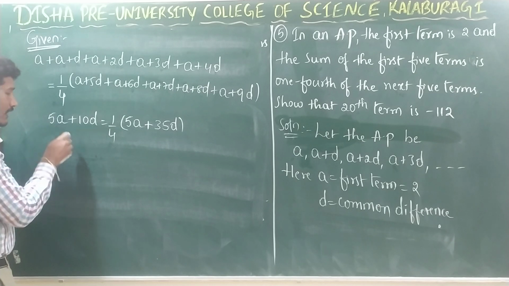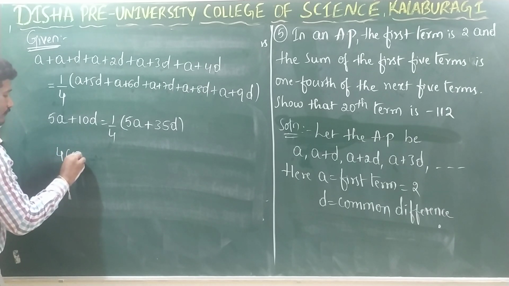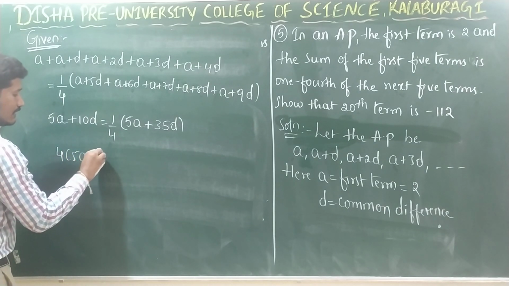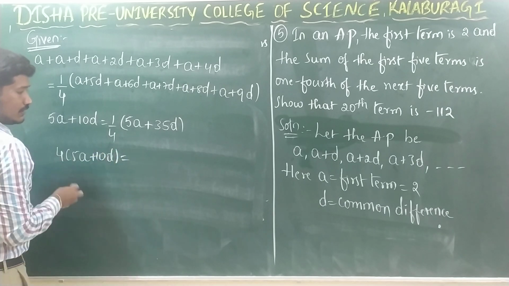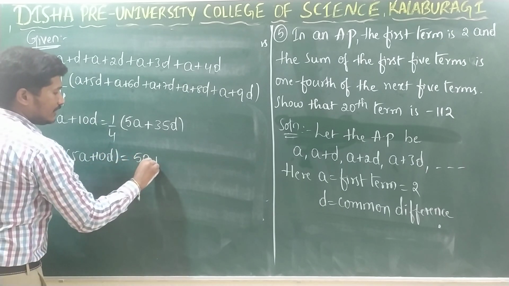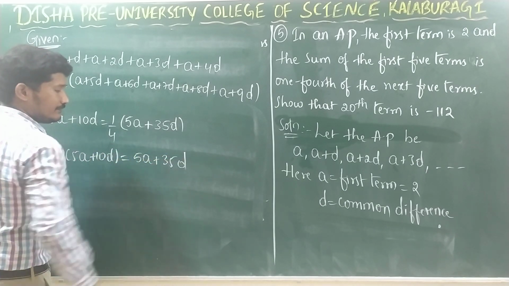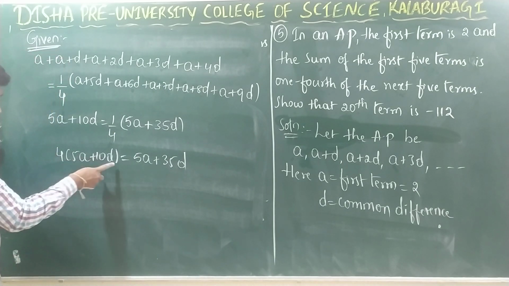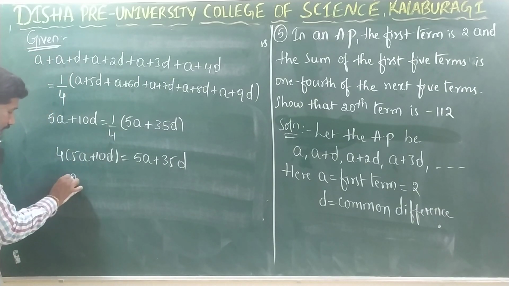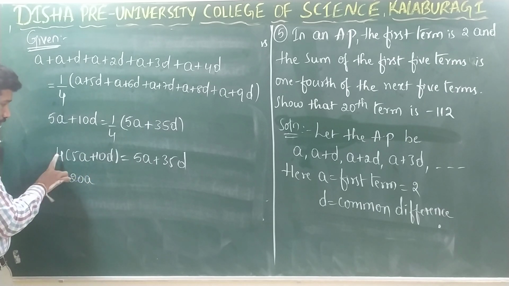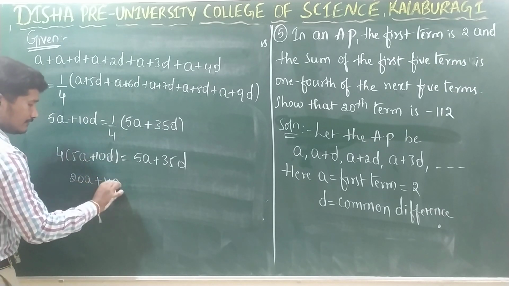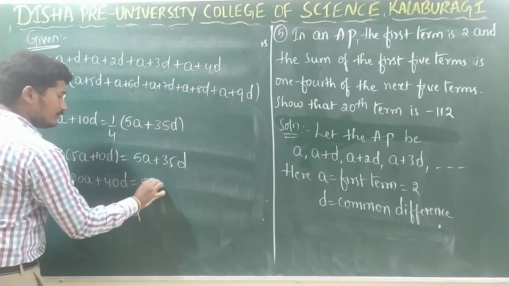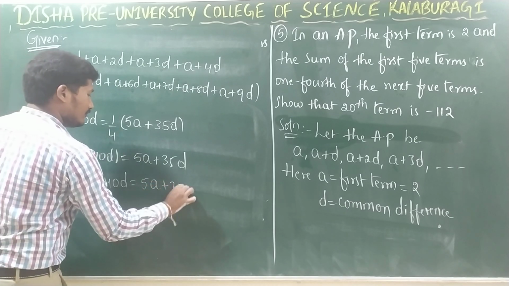It will come to the numerator. So 4 into (5a plus 10d) is equal to 5a plus 35d. Now open the bracket. 4 into 5 is 20a, 4 into 10 is 40d, equal to 5a plus 35d.